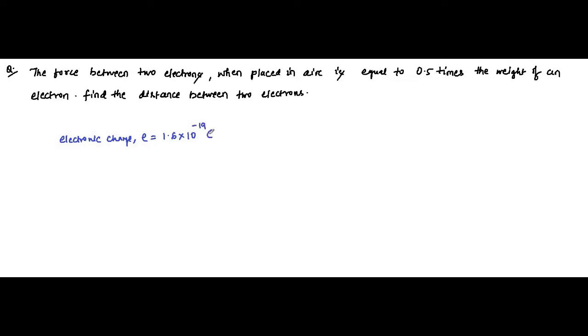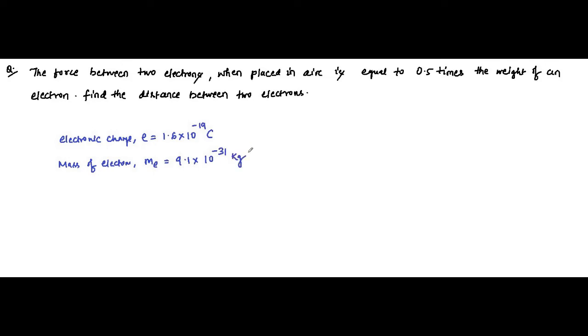That is the charge on an electron. It is negative, of course, but then mass of electron m subscript e is equal to 9.1 into 10 to the power minus 31 kg.